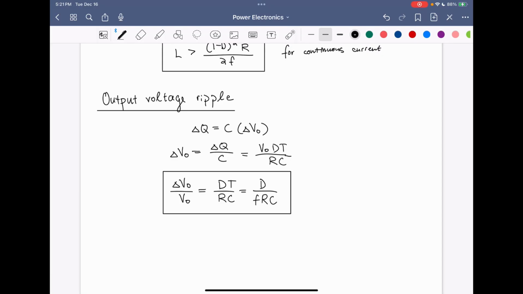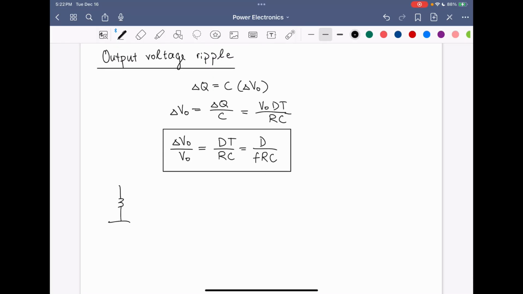So as with the other converters we've studied, the ESR of the capacitor will also contribute significantly in some cases to the output ripple voltage. So that's when we have some equivalent series resistance with the output capacitor, little rc. In that case, the output ripple voltage due to the ESR is equal to this change in capacitor current times the ESR resistance.